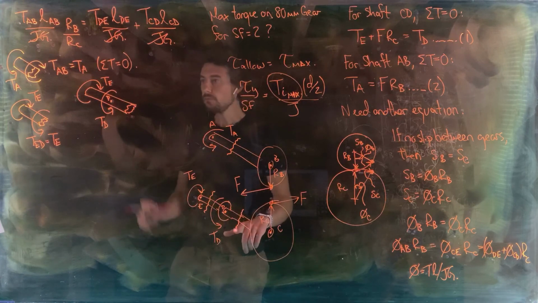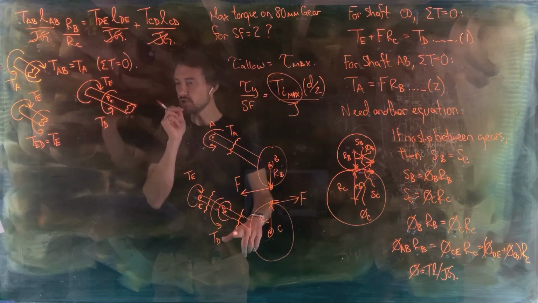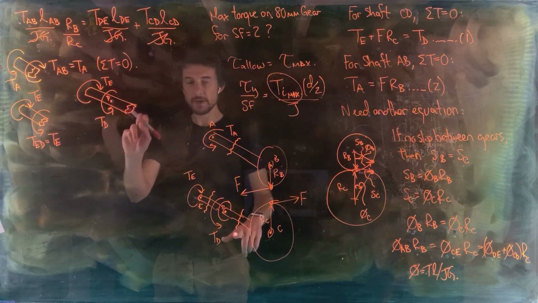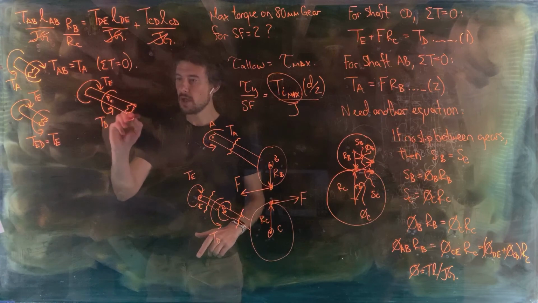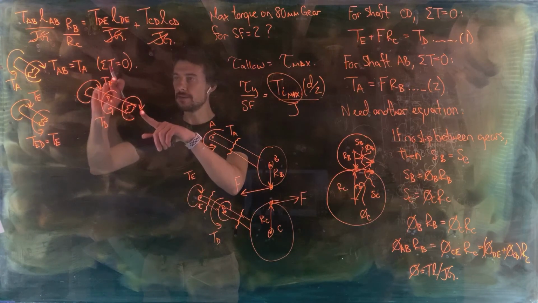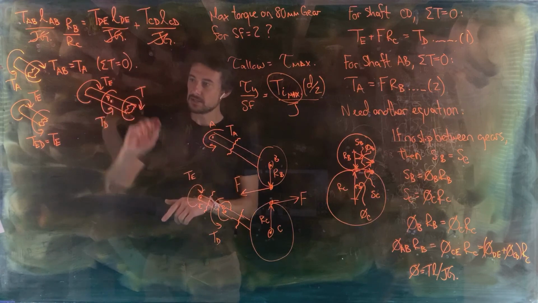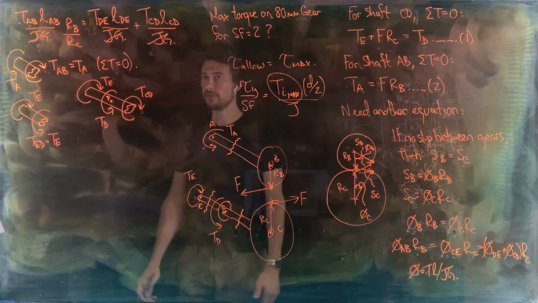Now, it's unclear what the proper direction of that internal torque is, but it doesn't matter that you get the proper direction correctly. Just guess one of the two. So I'm going to put mine in this direction, which is the same direction as TE. So this is TCD here.